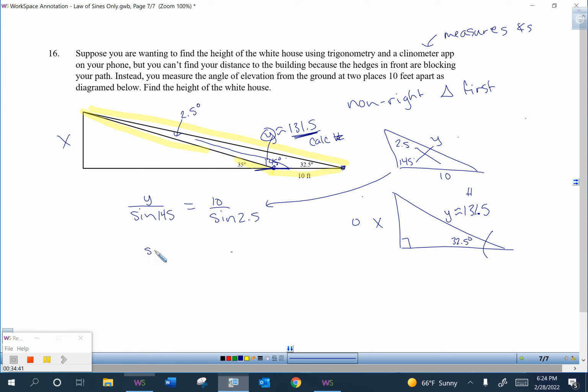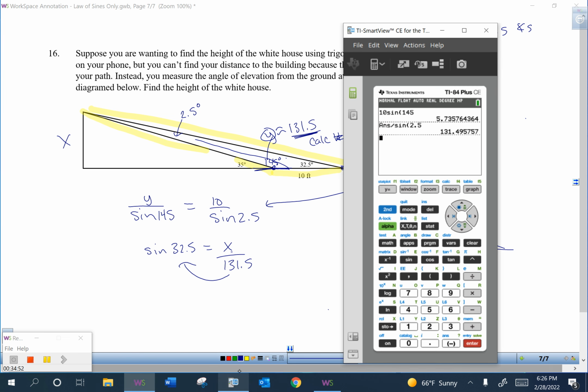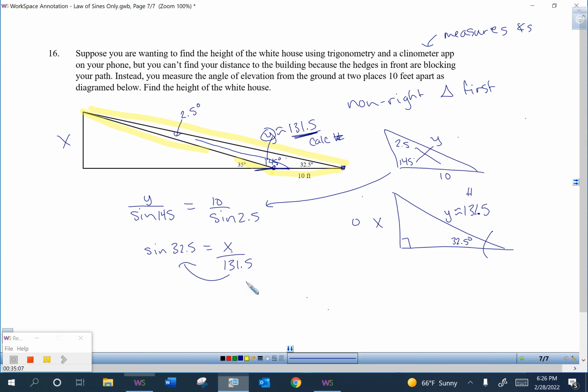I can say that sine of 32.5 equals x over that 131.5, which means I'm supposed to multiply those in my calculator. I already have this number in my calculator, so I just have to take it times the sine of 32.5. And that gives me about 70.7. So the White House is about 70.7 feet. And these double step problems are the toughest that you're going to see this chapter. We will practice more of these.